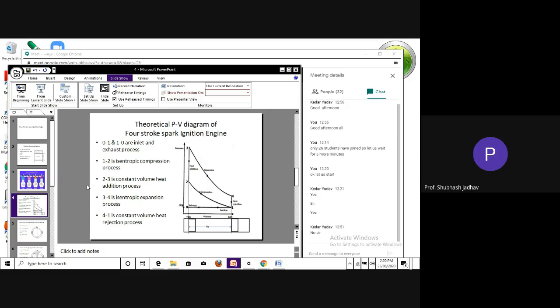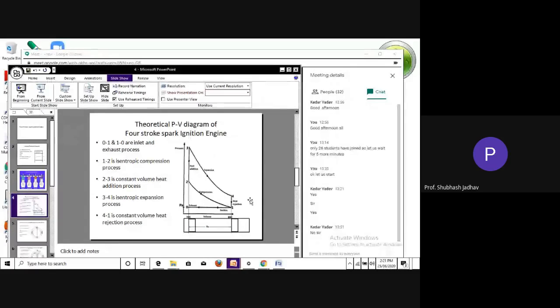Now, why have we added this? If you remember the concept of a heat engine, initially itself we said, what is a heat engine? A heat engine is a device which takes some heat from the high temperature source, and a small part of it is rejected as heat to a low temperature sink, and the remaining part is converted into work.